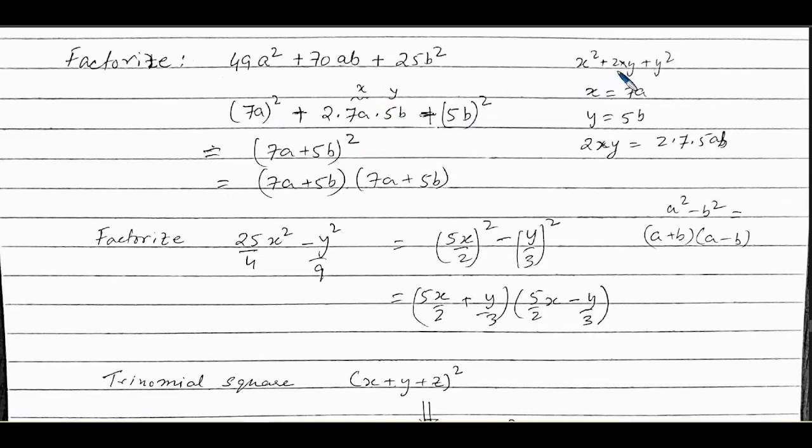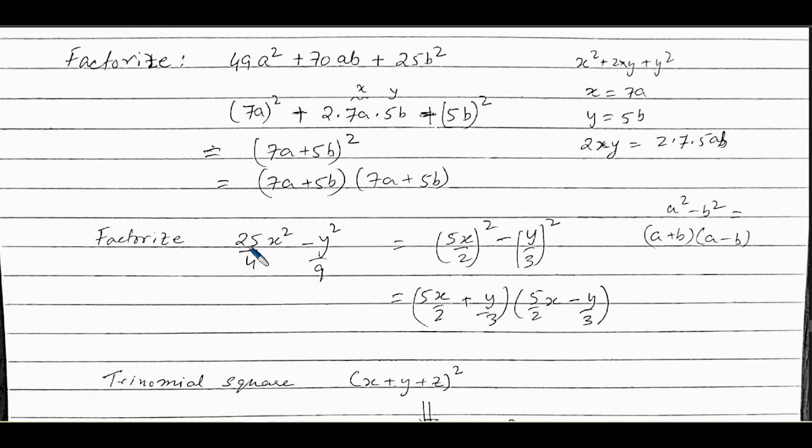So x plus y the whole square is x square plus 2xy plus y square. Okay, this is what it is. So I have here 7a, that is x, and y is 5b. So x plus y the whole square is x square plus 2xy plus y square. Okay, so the factorization is 7a plus 5b times 7a plus 5b.